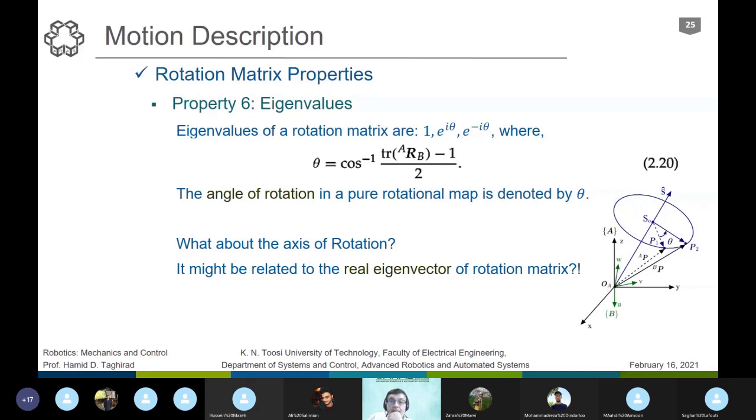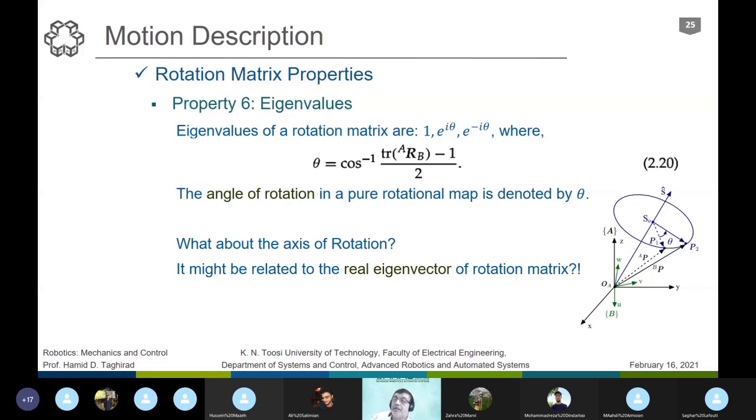If the determinant of a rotation matrix is 1, most of you are control students, it means that the multiplication of the eigenvalues should be equal to 1. So does that mean that all the eigenvalues of this matrix are 1? No.